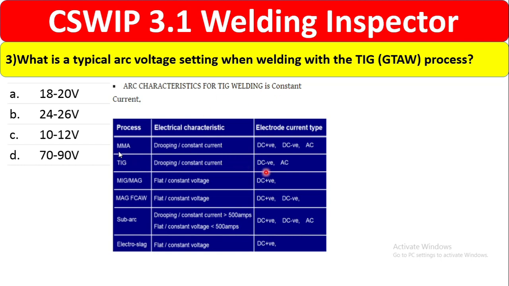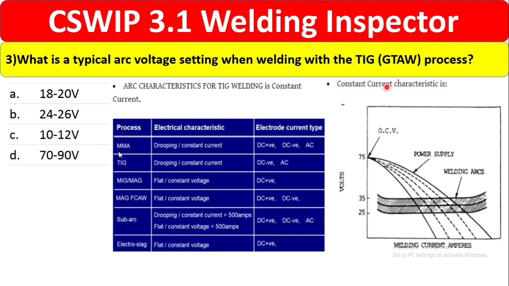Now for constant current, which voltage will be there? There is a curve on a graph. I'll show you now. In the constant current characteristic, one axis is volt and the other is the welding current in ampere. This is the welding arc, this is the power supply, and this is the OCV. OCV is 75 from here. Now the power supply is coming here like this, and this is your welding arc.